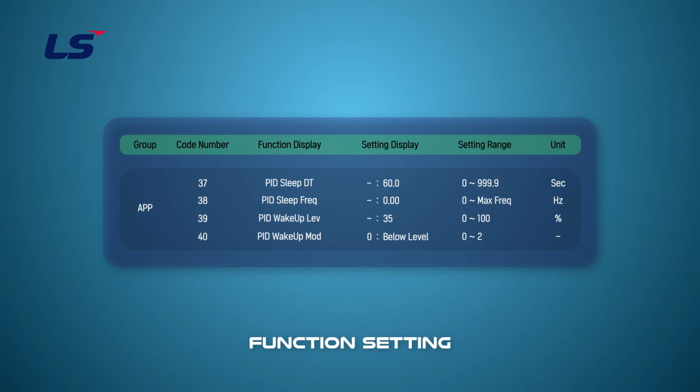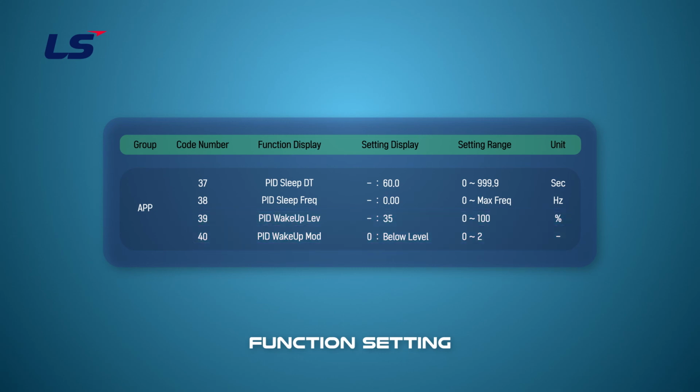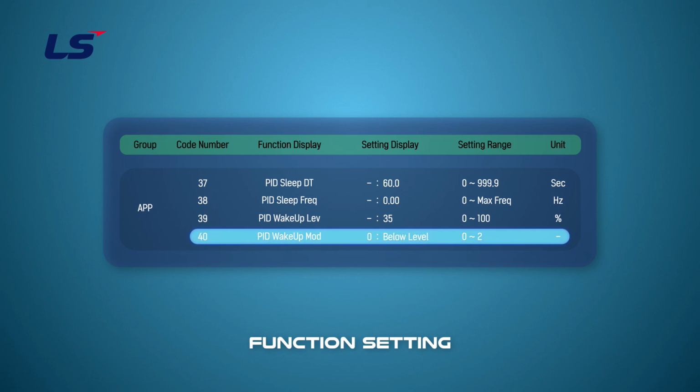In APP39 and 40, the standard for starting PID operation in PID operation standby mode, sleep, is set. If 0 below level is selected in APP40, PID operation restarts when the feedback value is less than the value set in APP39 PID wake-up level.